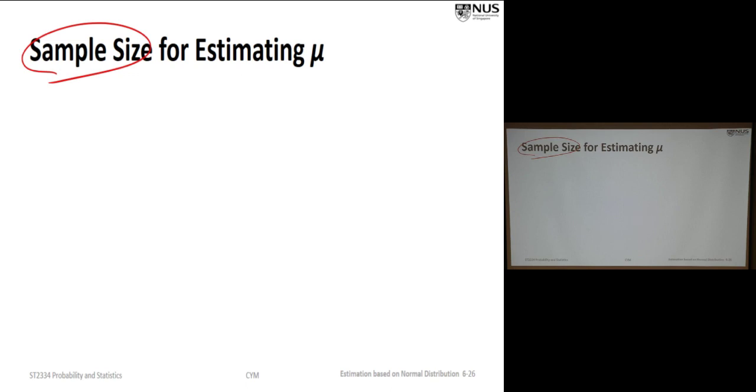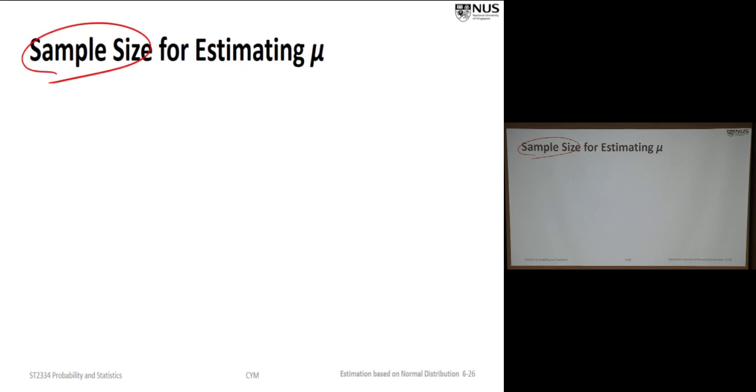The answer is: it depends. So there's something that we want to set as a boundary, so that within this boundary we can talk about what the sample size should be. So what are these boundaries?